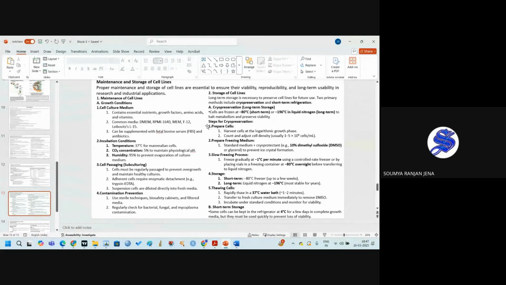The steps for the cryopreservation process: prepare the cells, harvest the cells in logarithmic or growth phase, because if you store growth phase cells, they will grow rapidly afterward. If stored in a quiescent phase, the cells will not grow rapidly. So the growth phase is very important. Then count and adjust the cell density, how many cells are stored, and prepare freezing medium, mostly with cryoprotectant DMSO or glycerol.